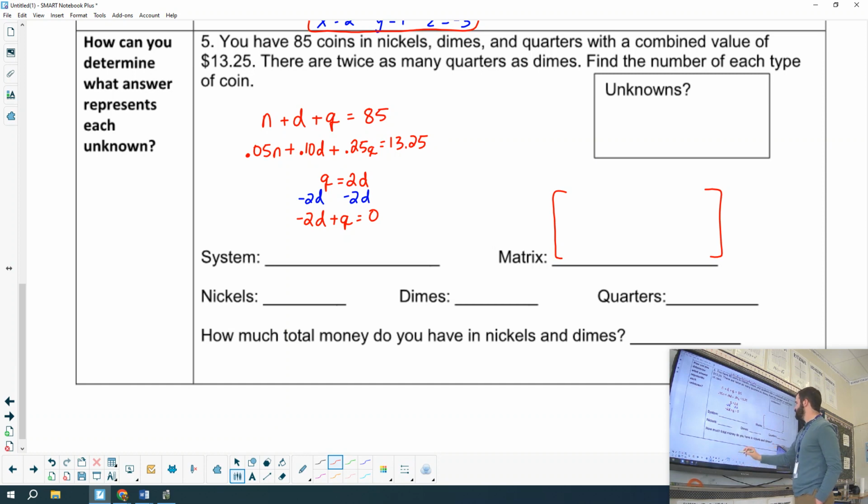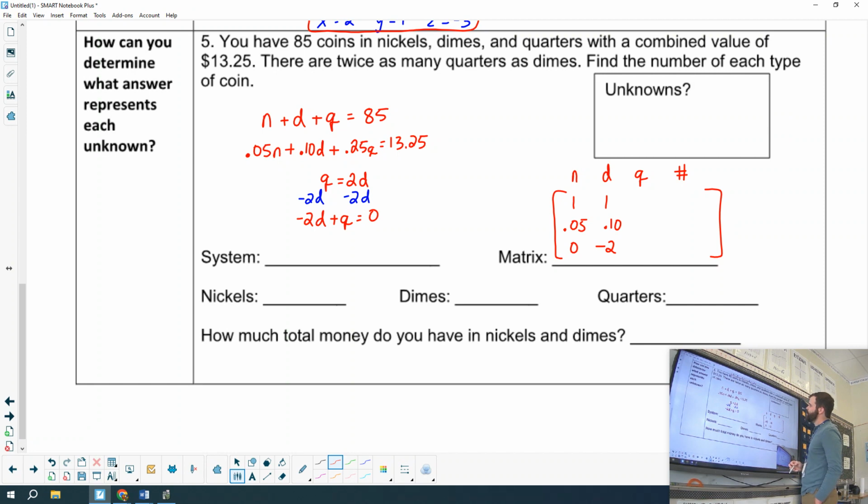And in my matrix, we're going to have my N column, my D column, my Q column, and my whole number column, right? Okay, so for my nickel column, we're going to have 1 for this one, 0.05 for this one, and you see in this third equation, I have 0 nickels, so 0. All right, then for my D column, I'm going to have 1, 0.10, and -2.